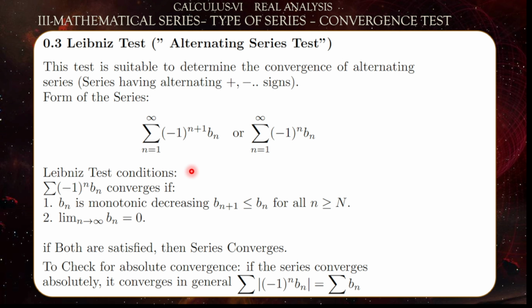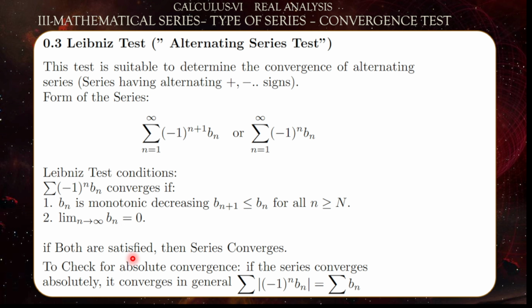Leibniz test conditions. When we have a form like this, sigma of minus 1 to the power of n bn converges if, first of all, bn should be greater than or equal to 0. Then bn should be monotonically decreasing, so bn plus 1 should be less than or equal to bn for all values of n within the natural numbers. And the limit of bn as n approaches infinity should be equal to 0.